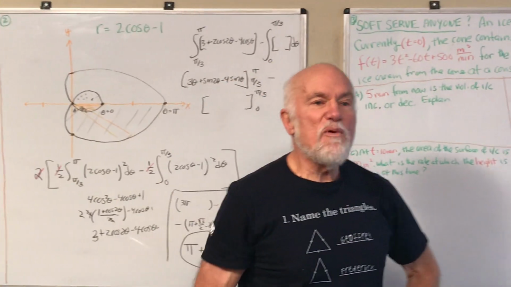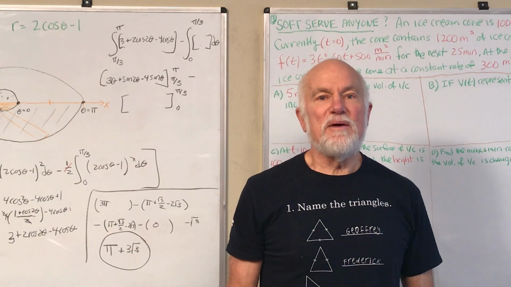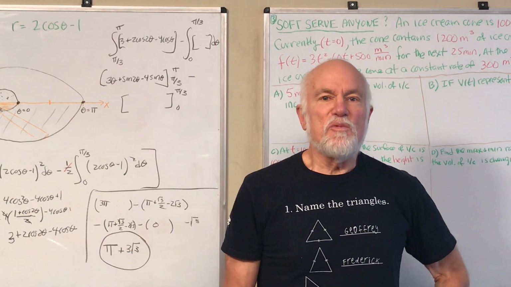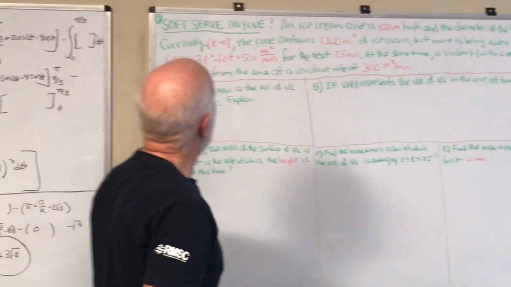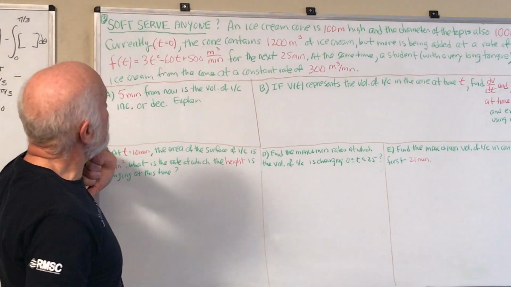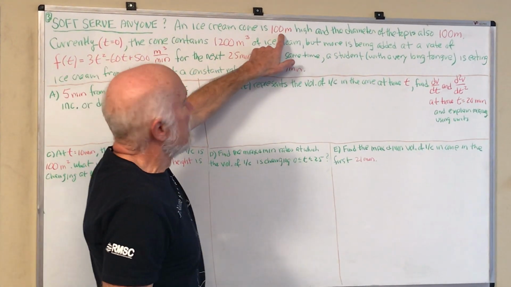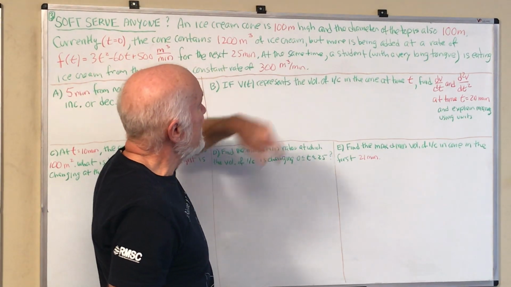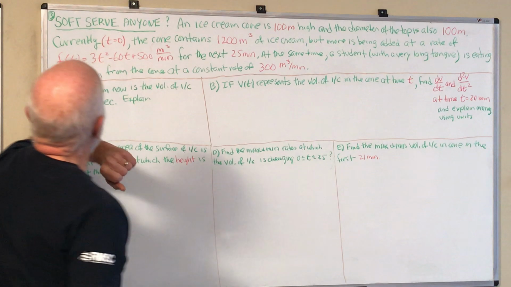Okay, so getting away from polar, I just picked one problem that I made up that I thought would be kind of a fun one to end the year, and it would have a lot of different things in it. So it's called Soft Serve Anyone. An ice cream cone is 100 meters high, and the diameter of the top is also 100 meters.